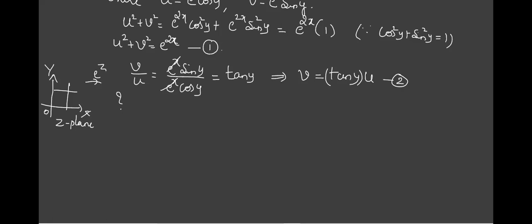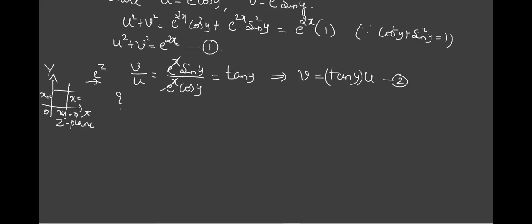Now, can you tell me what is the equation of a line parallel to the y axis? It is something like x equal to constant, isn't it? Just now we have seen the equation of the x axis is y equal to 0 and of the y axis is x equal to 0.